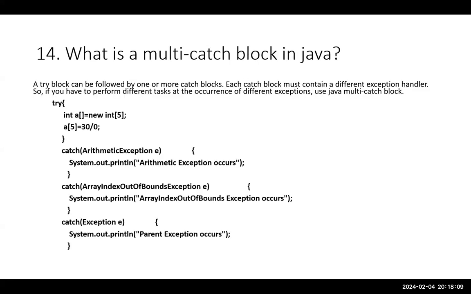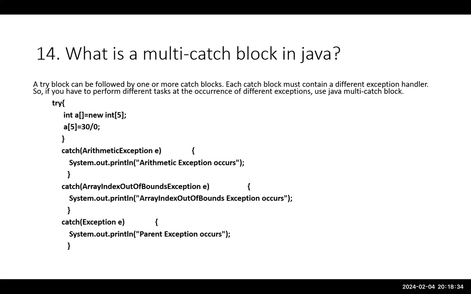Now multi-catch block. I think you know these things, and it is also a very popular question. In an interview they can ask how to write multiple catch blocks. So you can use this example. It's very important. There is an array, and now you're dividing 30 by 0, so it will throw an ArithmeticException.